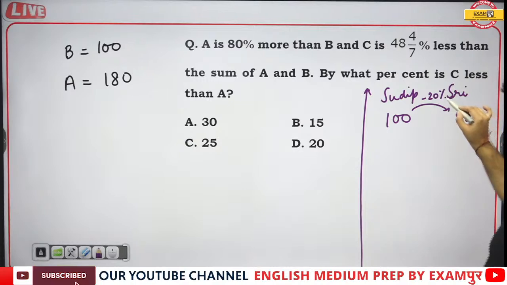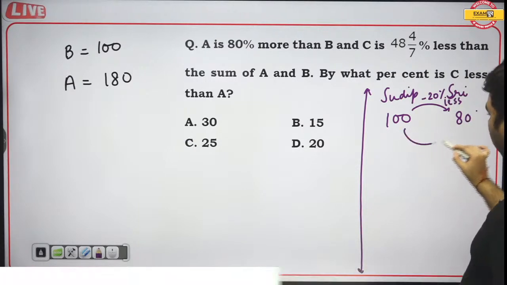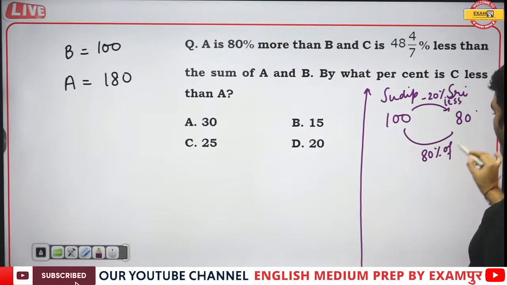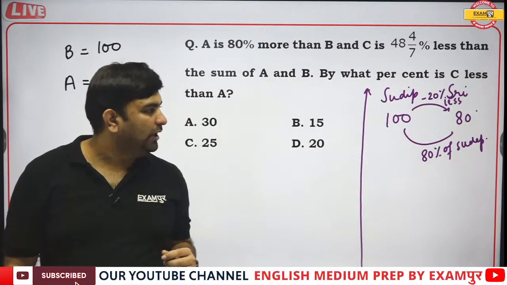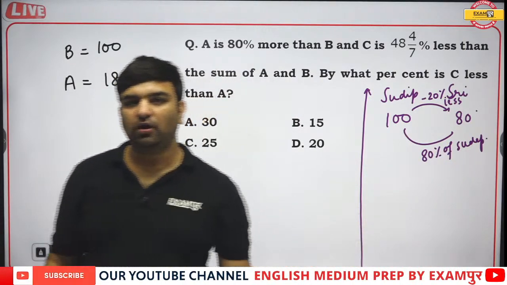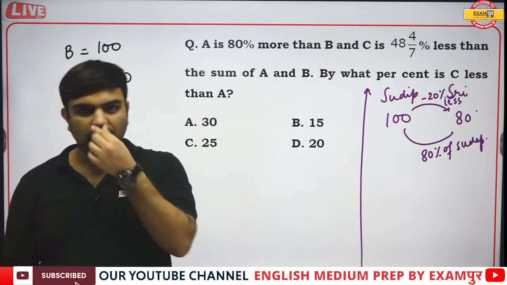If Shri has 20% less than Sudeep, I can also say that Shri has 80% of Sudeep. Isn't it?